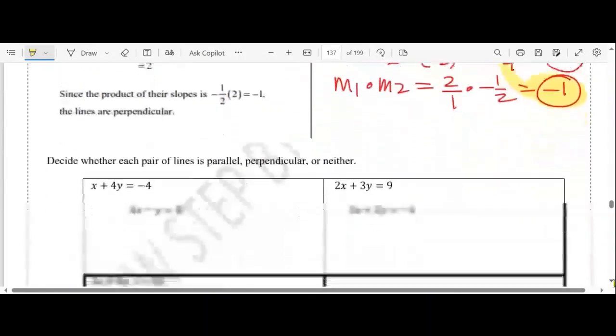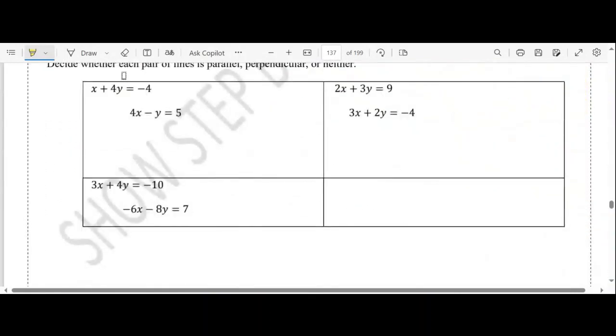Next. We need to decide if it's parallel, perpendicular, or neither. As I told you, we have to put it in slope intercept form. What's the slope intercept form? y equals mx plus b. Is this like this?